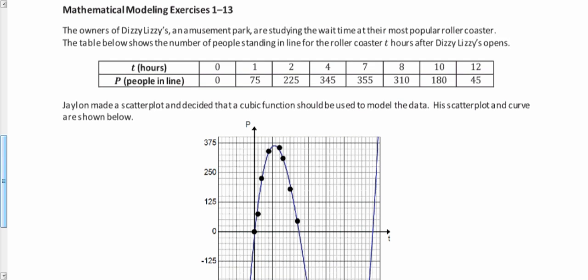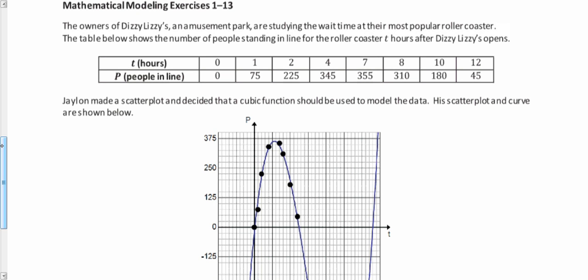So, right when the roller coaster opens, there's nobody in line. 1 hour after the roller coaster opens, there's 75 people in line. 2 hours after the roller coaster opens, there's 225, and so on. So does everybody understand the general gist of the graph, or of the table?